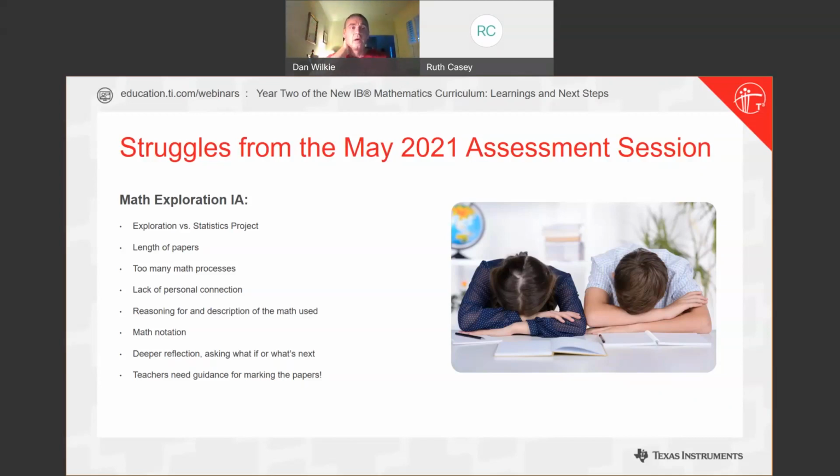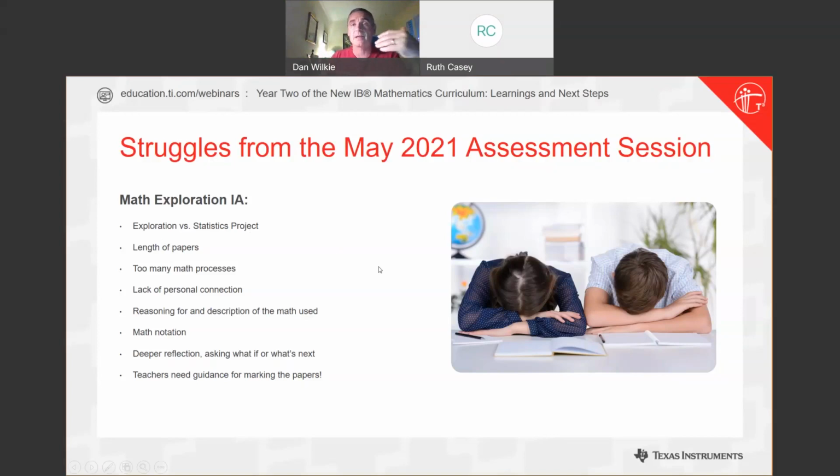It really didn't, because I would say 60% of those papers were still statistics projects. And it was tough to grade on the criterion for the math exploration when students were still going for the old criterion for the studies paper. So that was my first bullet point there, the exploration versus the statistics project.